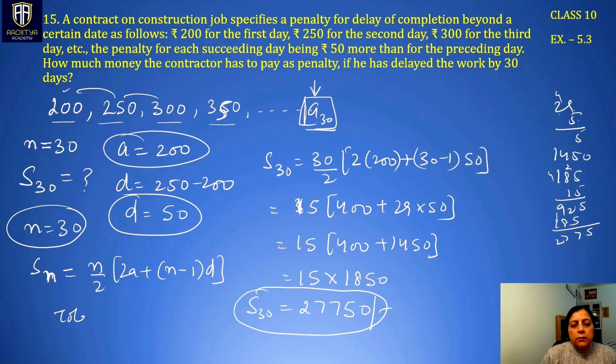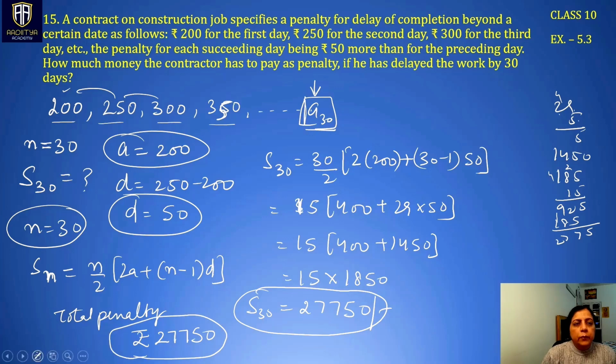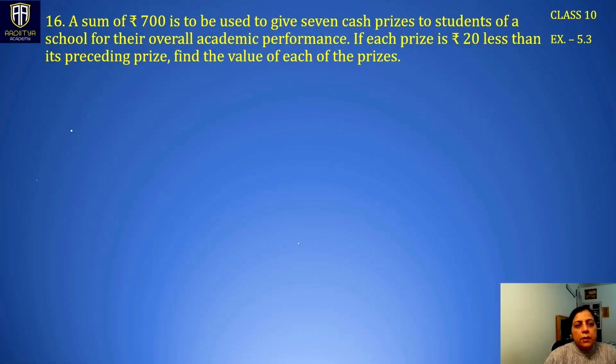Total penalty is, in case of units, you have to write total penalty is rupees 27750, right?